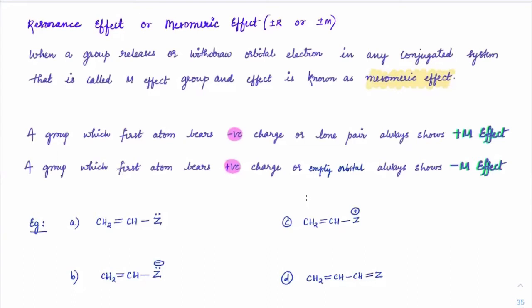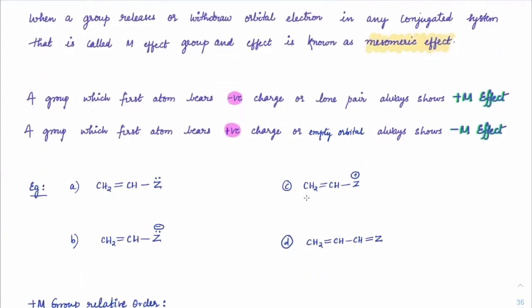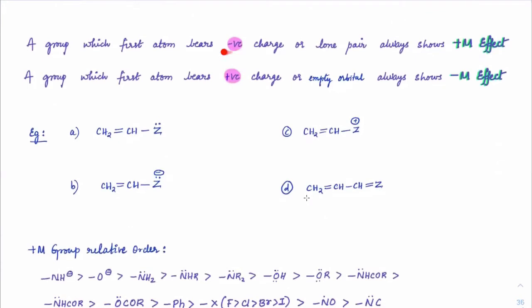Next, whenever there is an electron being accepted from the main chain, or electrons being given to the main chain, which has a conjugated system, then we will have M effects or mesomeric effects seen. Suppose a group in which the first atom bears a negative charge, or it has a lone pair, they will usually show plus M effect only.